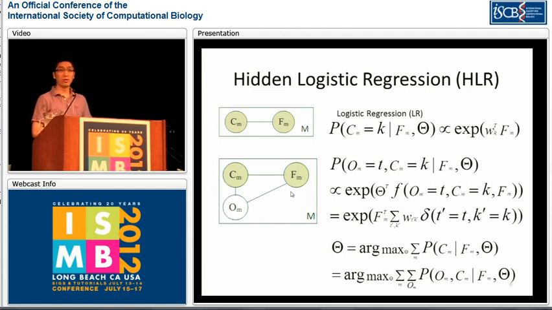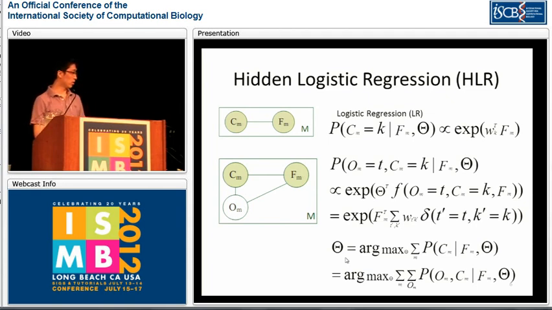But in our case, we added another variable to represent the cell components in the region, and this variable is latent. We cannot observe the cell components in the image.